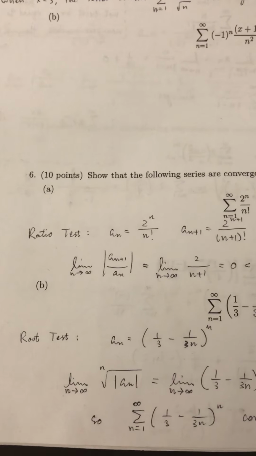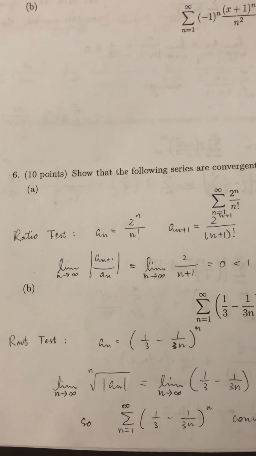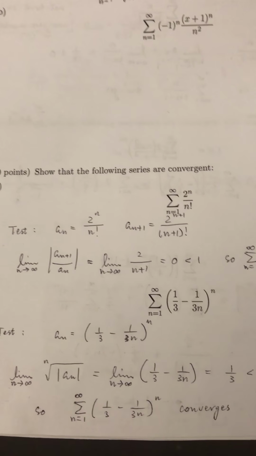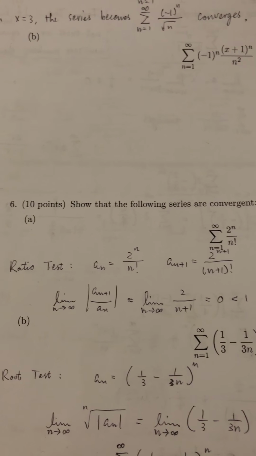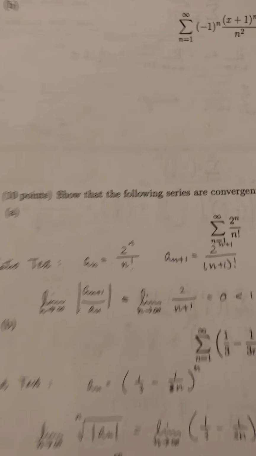Number 6. Number 6 asks you to show that the following series are convergent. We have 2 questions here. Number 1, A. For this one, you need to use the ratio test. To use the ratio test, write down the general term.